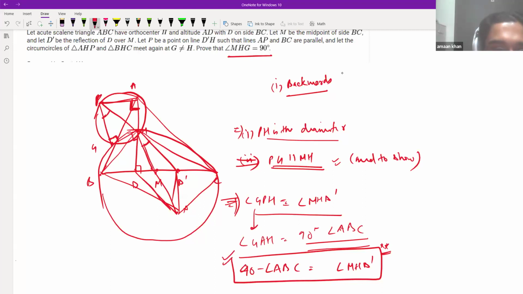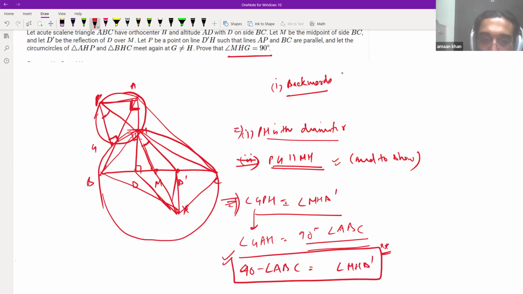Also, what the other person mentioned was that if we introduce the reflection of H in M, suppose it is X, then BHCX is a parallelogram. Does everyone get why?